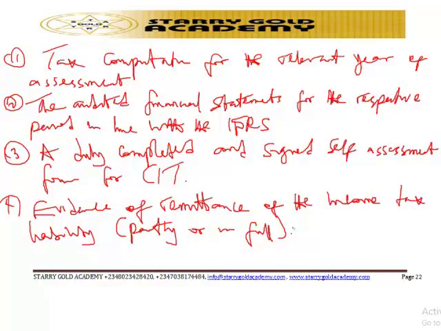This is in line with the Finance Act of 2019, which amends this section. Before the Finance Act of 2019, the penalty used to be 10,000 naira for the first month and then 5,000 naira for each subsequent month in which the failure continues.